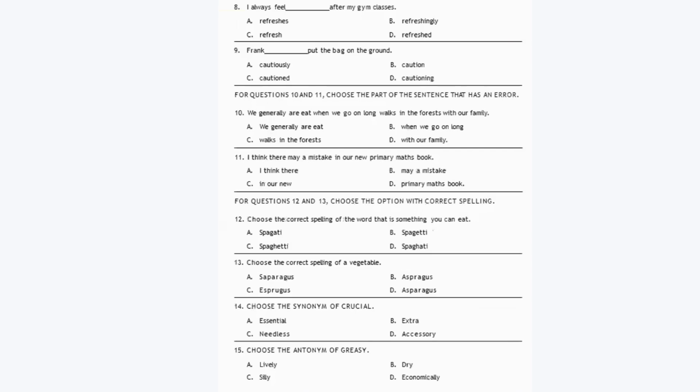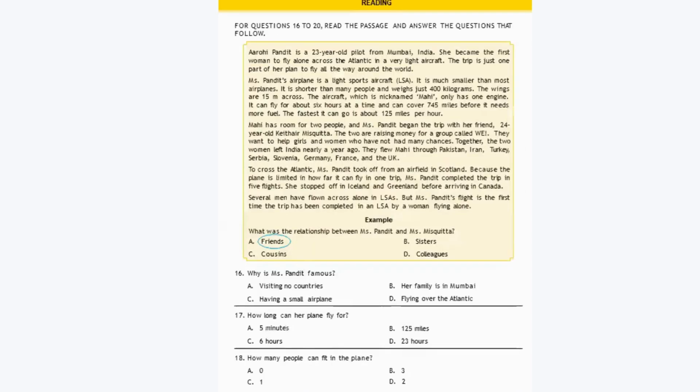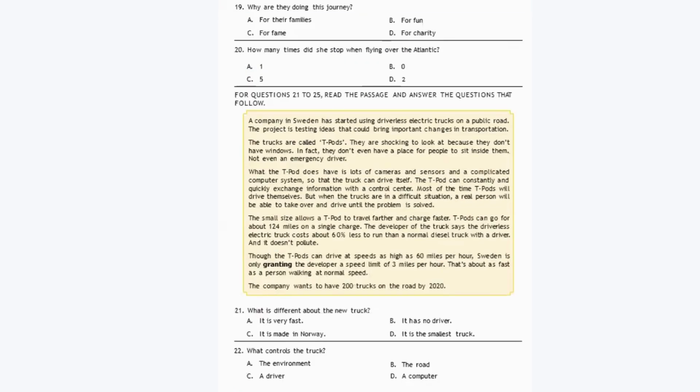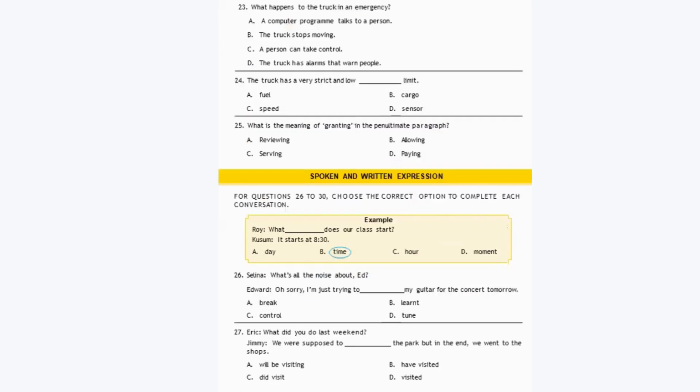Then the next section is about reading. You will be given 2 passages and you have to read them carefully and answer the questions that are asked. In this section also, each question carries 1 mark. Now let's move to the third section, called spoken and written expression.